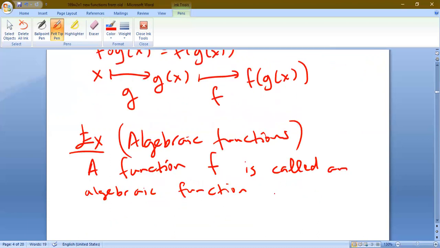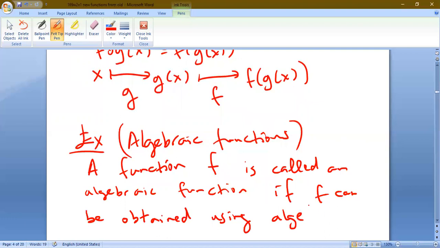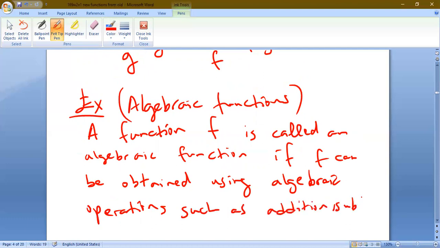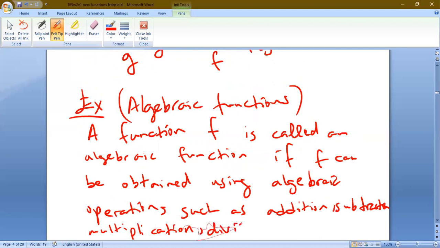So a function f is called an algebraic function if f can be obtained using algebraic operations such as addition, subtraction, multiplication, division, or taking roots.